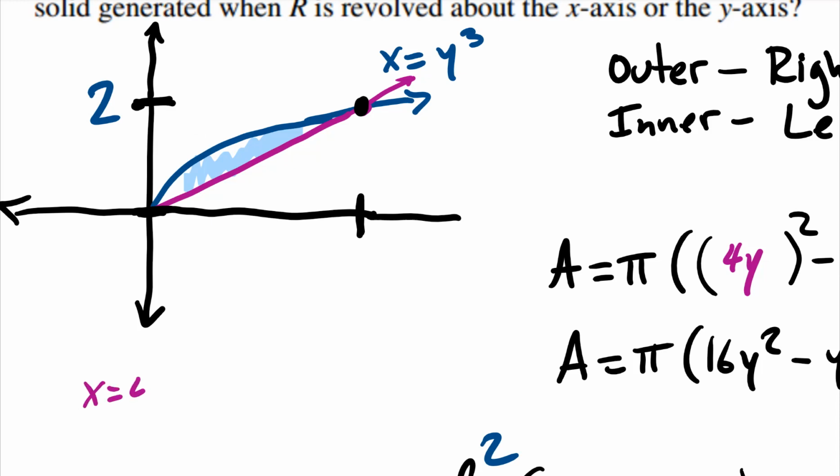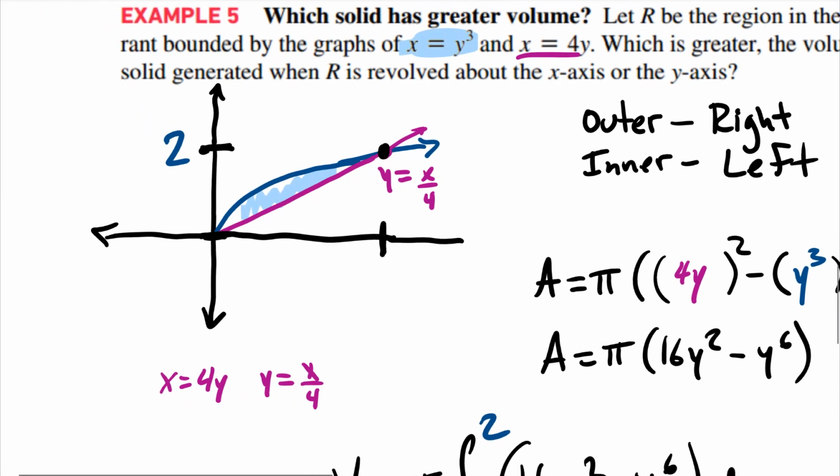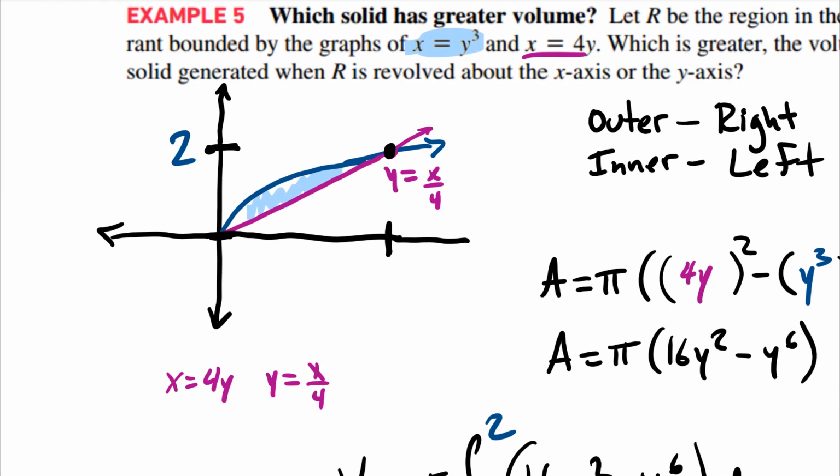We don't want this in terms of y, we want it in terms of x's. So divide it out and you get y is equal to x over 4. Now we're going to do the same thing for our other function. It's no longer x equals y cubed. We're going to hit both sides with the cube root, and we find that y is equal to the cube root of x.